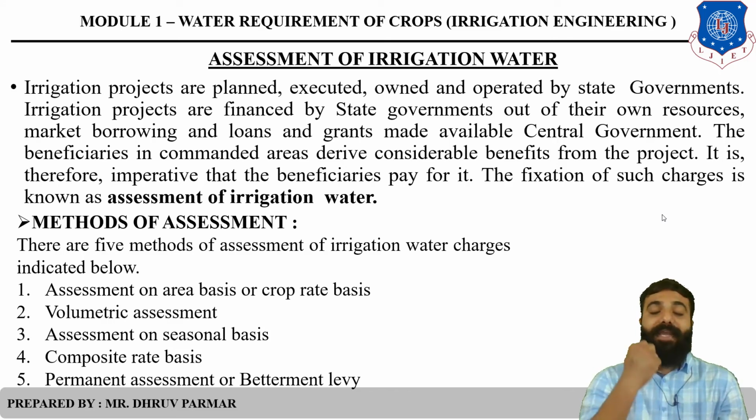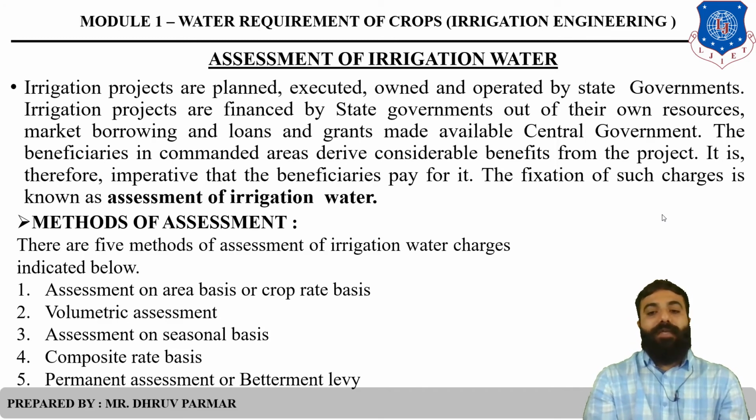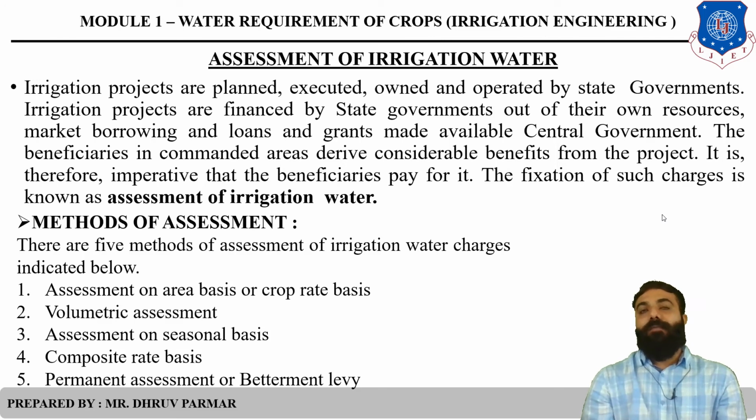The second method is called volumetric assessment. So what is a volumetric assessment? We already discussed it, and some drawbacks. Otherwise I will explain what volumetric basis is. It is assessment of irrigation water on the basis of how much water is used by a farmer.